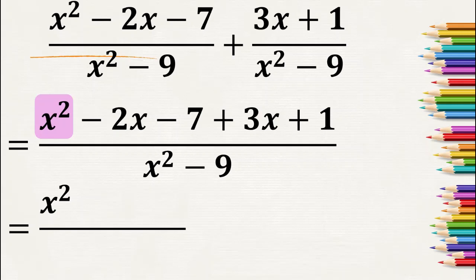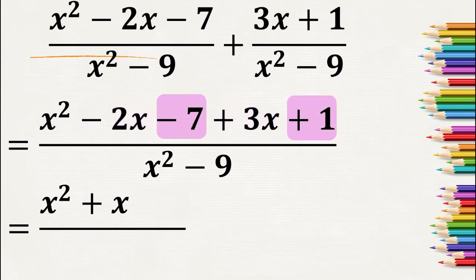Next, we have negative 2x and positive 3x. They have unlike signs, so we have to subtract them. So 3 minus 2 is 1, and then get the sign of the bigger number. So that is positive. So we have positive 1x or simply positive x. Next, we have negative 7 and positive 1.